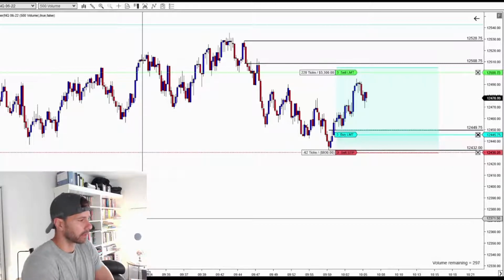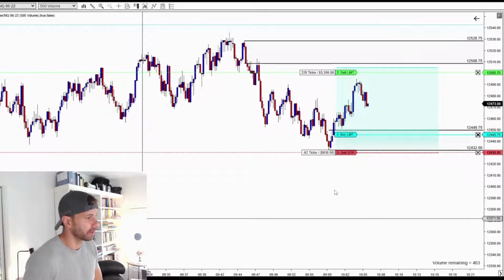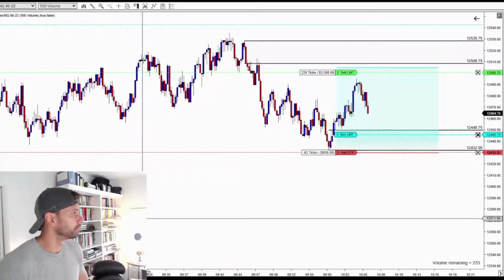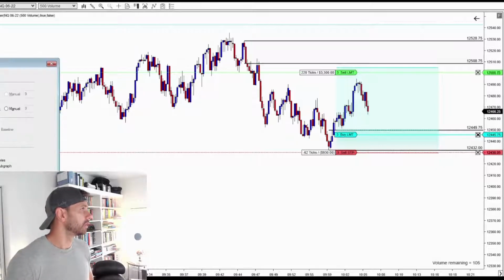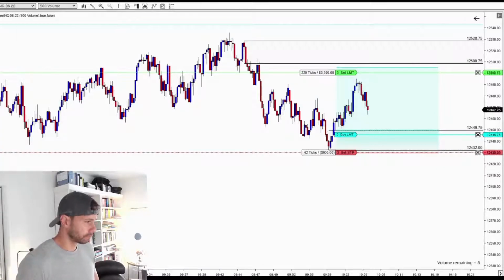I give it one depending on how the volatility is for the day, right? So I do like to include the invalidation point and give it a little bit more, because I'm risking in this trade around $930, right?